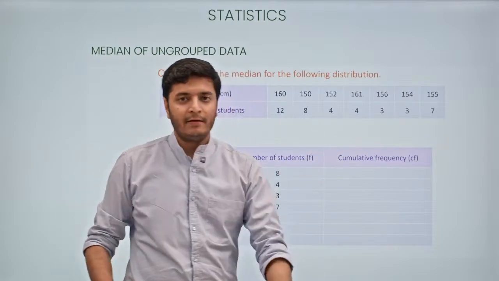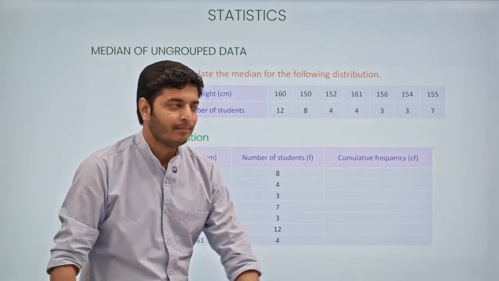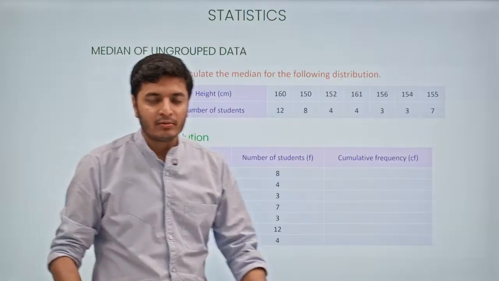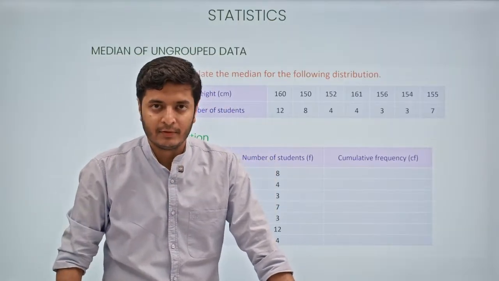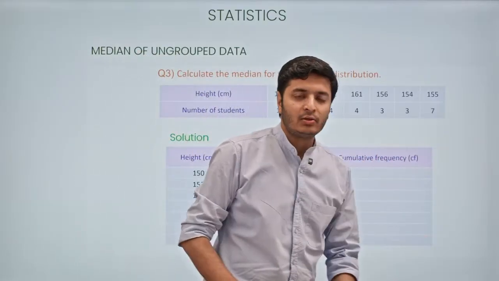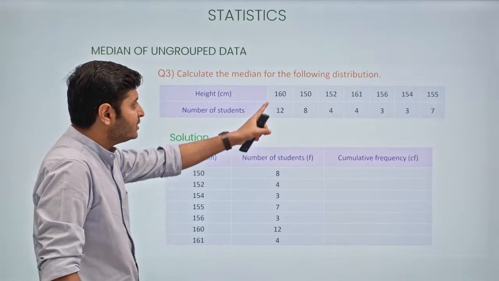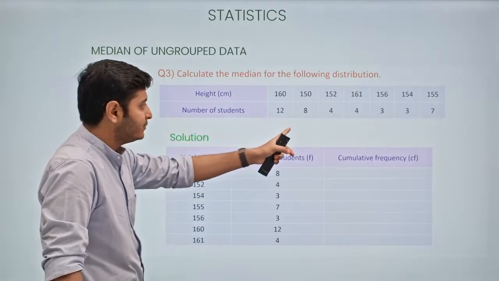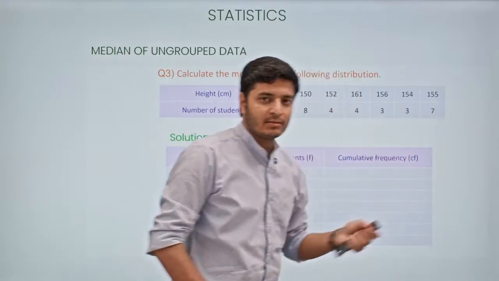Here we don't have the observations written like an individual data set where each observation is written separately. Here we are given the frequency of each individual observation. It means 160 is there 12 times, 150 is there 8 times, 152 4 times, like this.